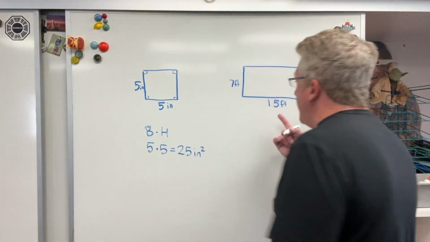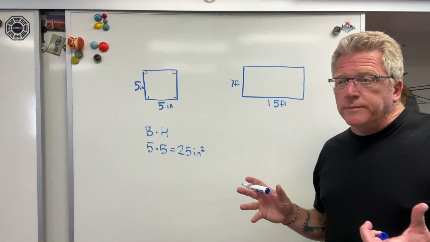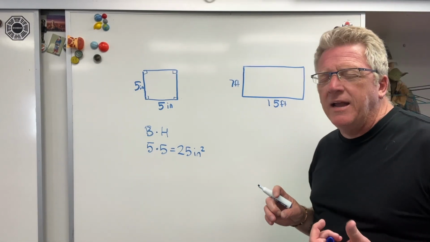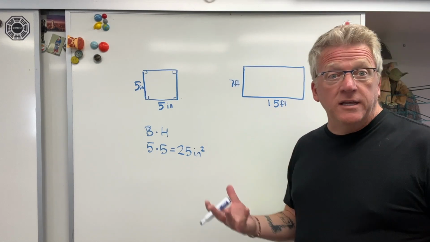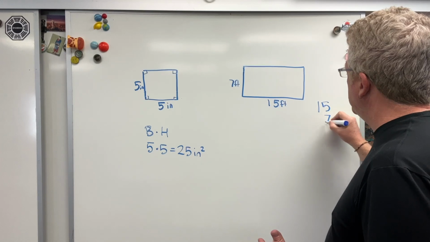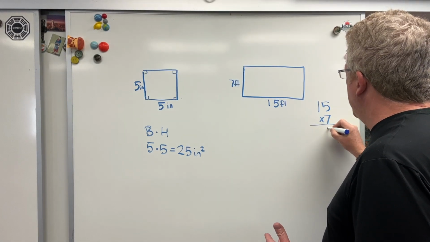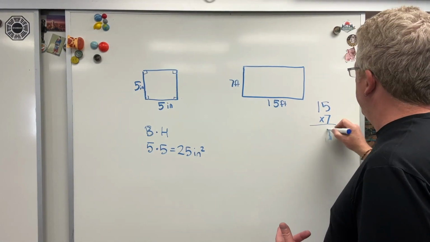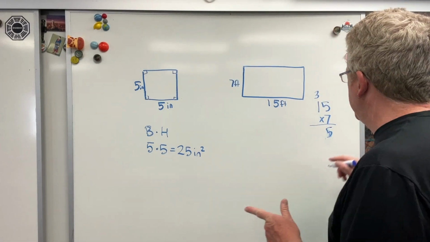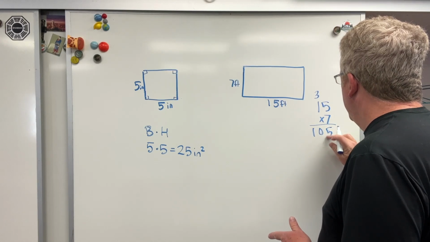7 feet by 15 feet. Now you probably could sit there and chomp through 7 times 15 in your head, but why? Making your thinking clear is the right thing to do. So you can just show me over here your 7 times your 15, and you'll get 105.